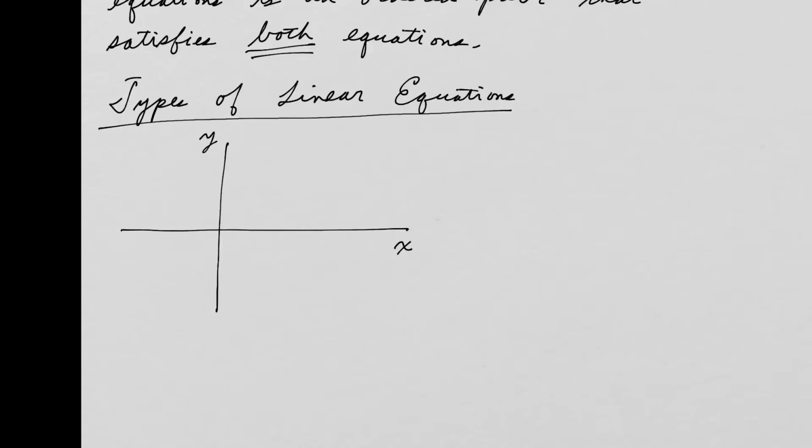And again, this is going to be the most common case. So let's say this is first linear equation and this is my second one, let's say. So in this case, right, they both intersect right there. So that point, that ordered pair, is going to satisfy both equations. Right? So we say there's exactly one solution.